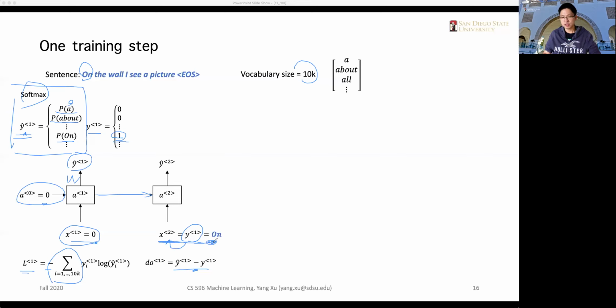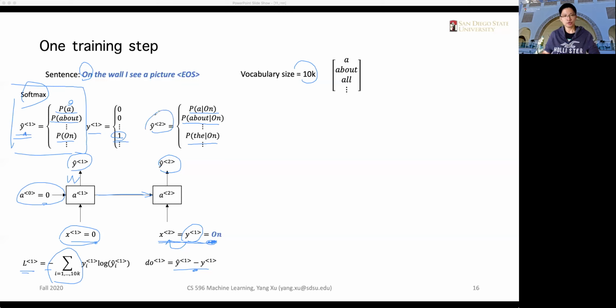Okay, so this is the input for the second time step, and we will have some predictions y hat 2 for time step 2. Similarly, y hat 2 is also a bunch of probabilities from the softmax layer. But the nature of these probabilities is that they are conditional probabilities, because we know that the first word is already on.